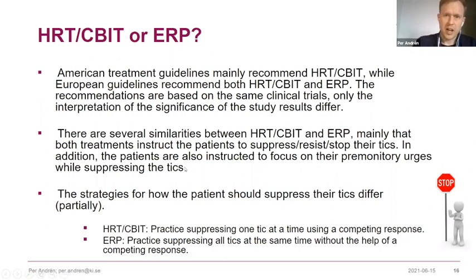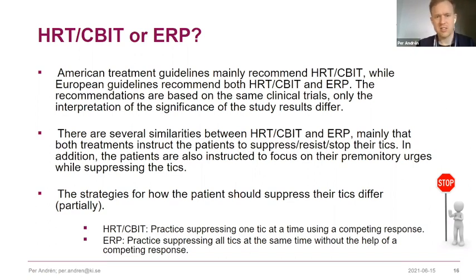Nonetheless, there are several similarities between HRT and ERP, mainly that both treatments instruct patients to suppress or resist or stop their tics. In addition, the patients are also instructed to focus on their premonitory urges while suppressing the tics. This goes for both HRT and ERP: try to suppress your tics and focus on the premonitory urges while doing it. But the strategy for how the patient should suppress their tics partially differs.